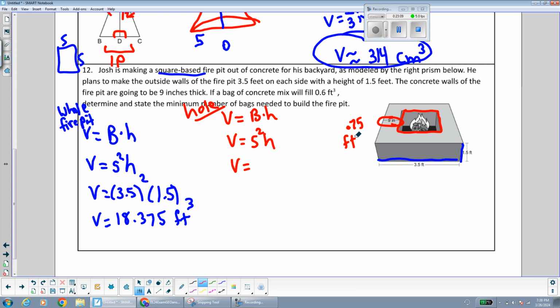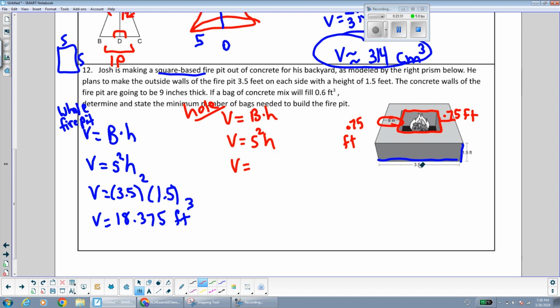Or you can leave it as 9 over 12 or 3 over 4 of a foot. So now that is in feet. So this is 9 inches or 0.75 of a foot, and so is this.